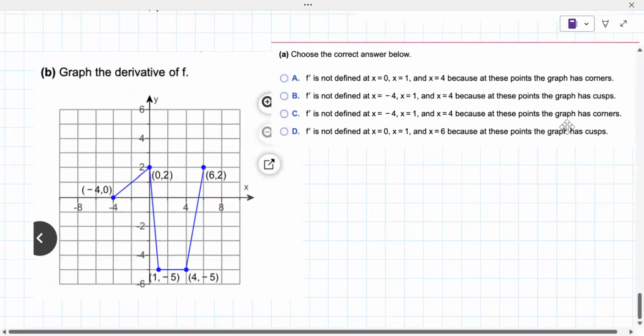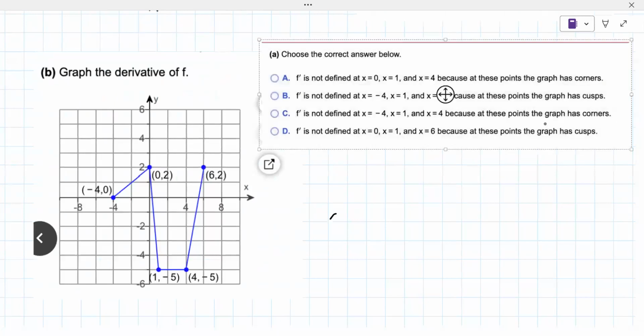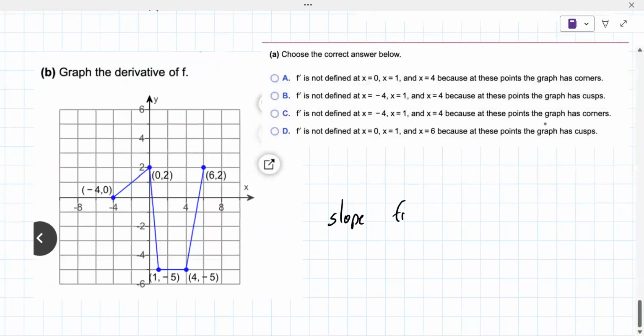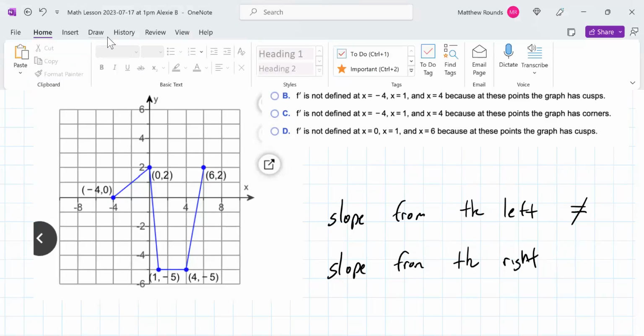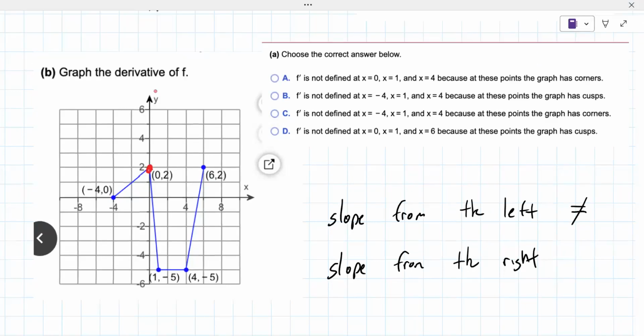It's undefined when the slope from the left does not equal the slope from the right. So basically you're looking at any of what are called corners. There's a corner, there's a corner, and there's a corner.